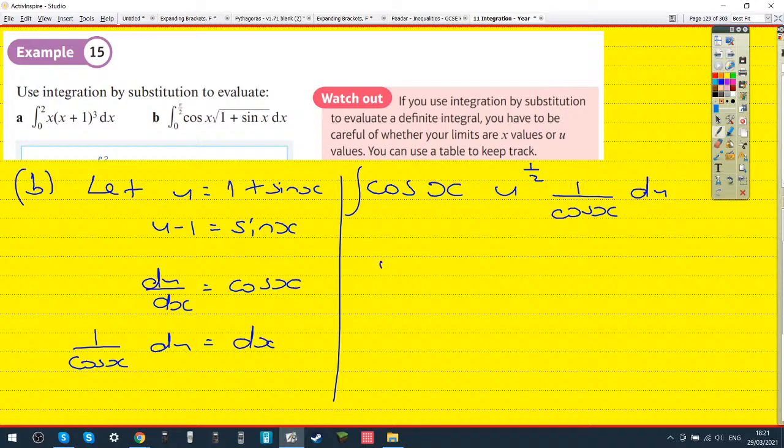Yeah. And so that will be 2 over 3 u to the 3 over 2 plus c. Yep, except the c's will cancel because this time it is definite integration.